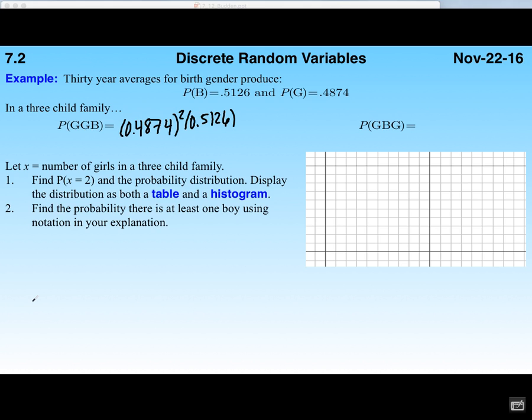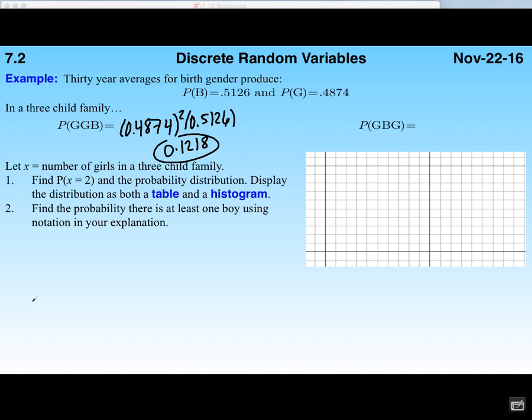Somebody? 0.12177. So 0.1218. That's the probability of getting 2 girls followed by a boy.